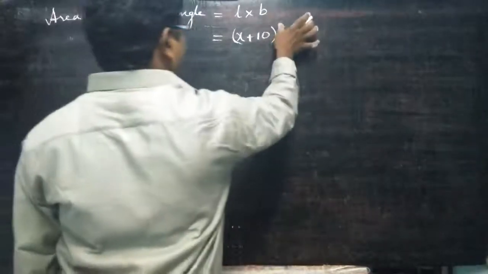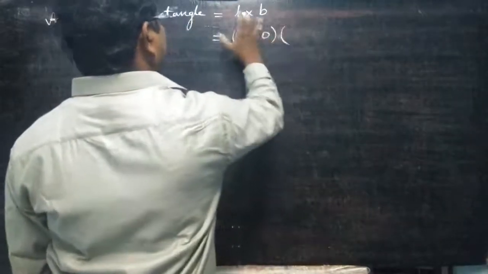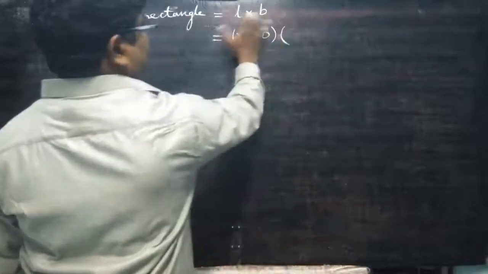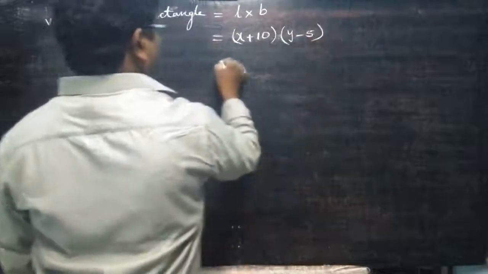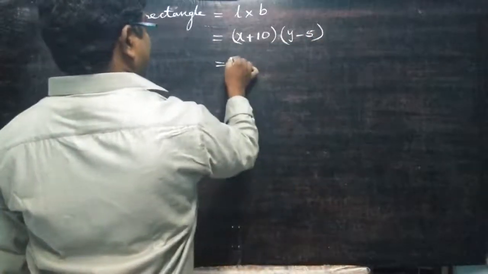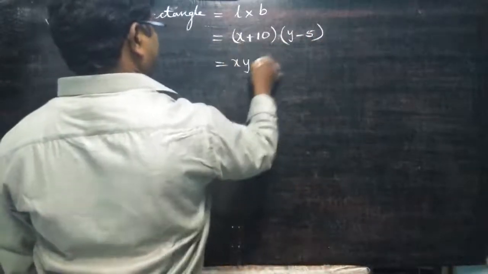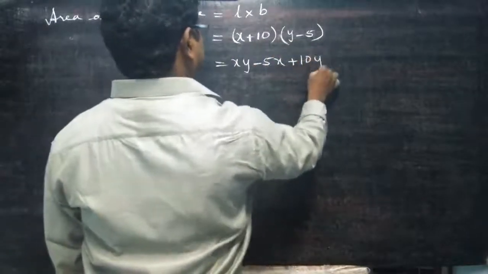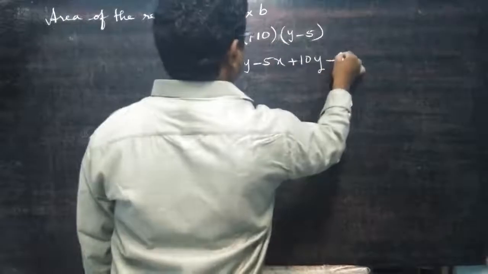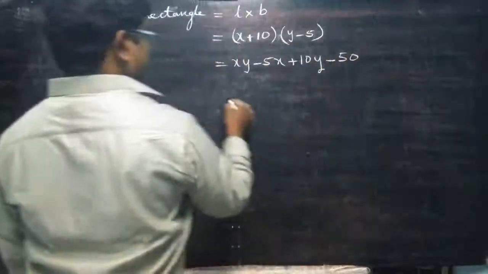So if you are writing it or not writing it, no problem. L into b you can write, or L B also you can write. X plus 10 into y minus 5. Now multiply. X into y, xy, minus 5x plus 10y, plus into minus, minus 50.